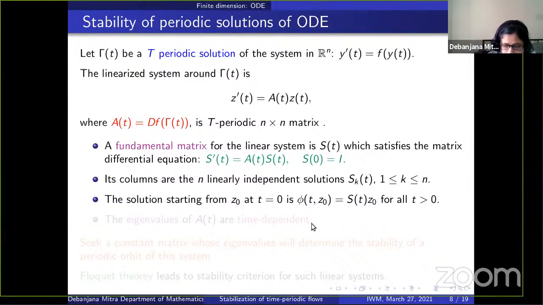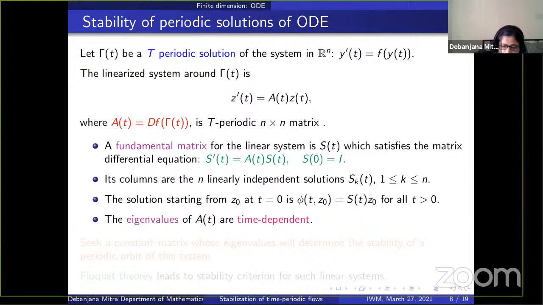Here the point is that, as I already mentioned, the eigenvalues of A(t) will be time dependent. So we have to find out how to relate the stability property of the system to a suitable mapping or suitable operator whose spectrum can correspond to the stability property of the system.